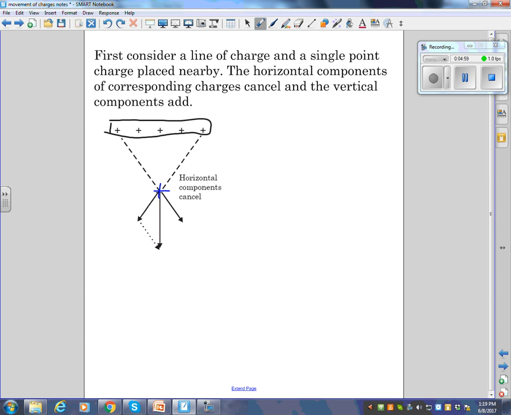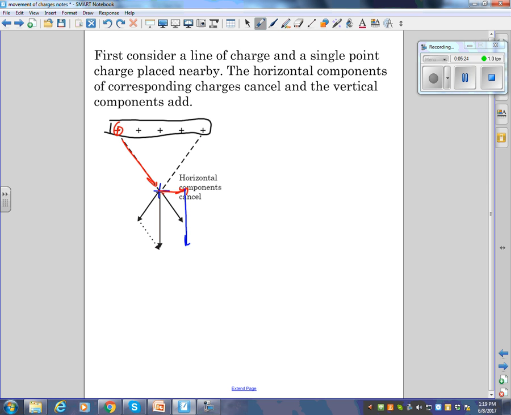Okay, so what I need you to understand is that the horizontal components of corresponding charges will cancel and the vertical components will add. What I'm trying to say there is this, okay? If you want to think of it this way, this positive charge is pushing this way. Well, part of that pushing is actually sideways, right? And the other part is down, right?